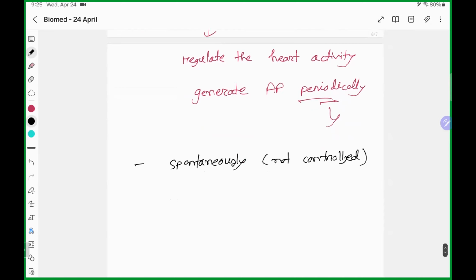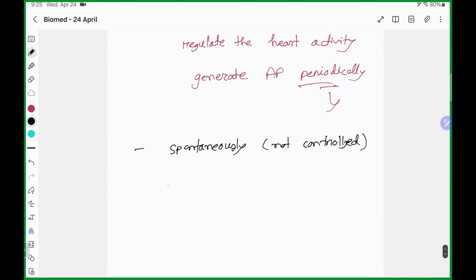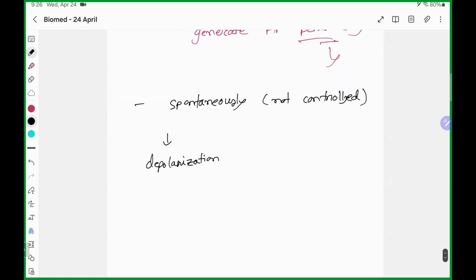So spontaneously they start with a depolarization, and this depolarization is followed by repolarization. Every depolarization is followed by repolarization.